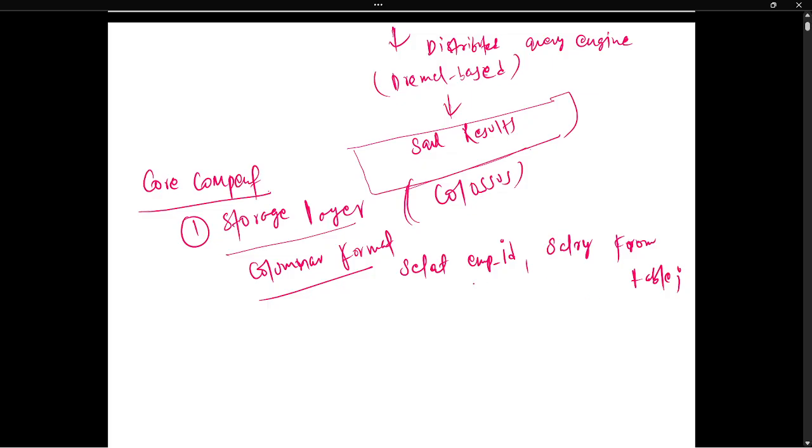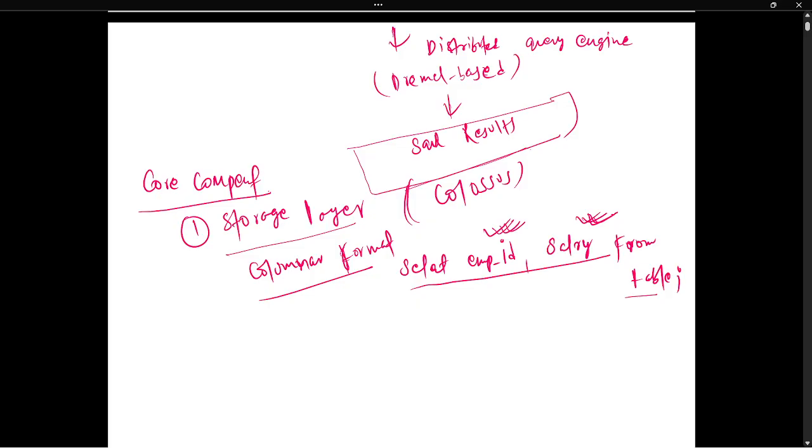Then BigQuery only reads the employee ID and salary columns, not the full row. That is the advantage of storing the data in the columnar format.